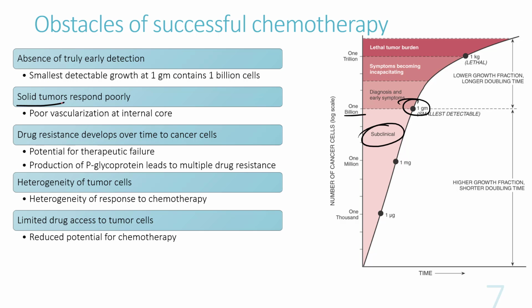Another obstacle has to do with solid tumors that respond poorly to chemotherapeutic drugs, again because the core, the middle of the solid tumor, is less vascularized, so the cancer drug can't actually get into the core. The third one is that drug resistance develops over time in cancer cells.